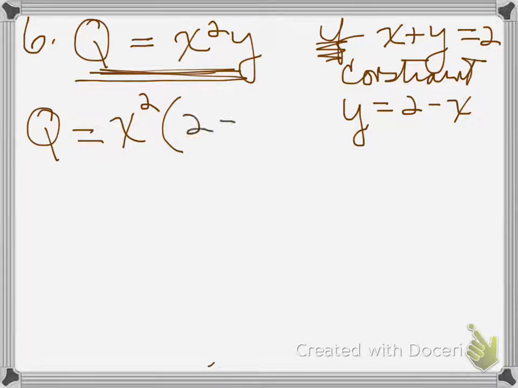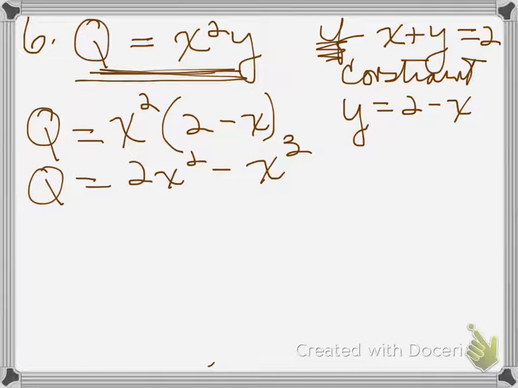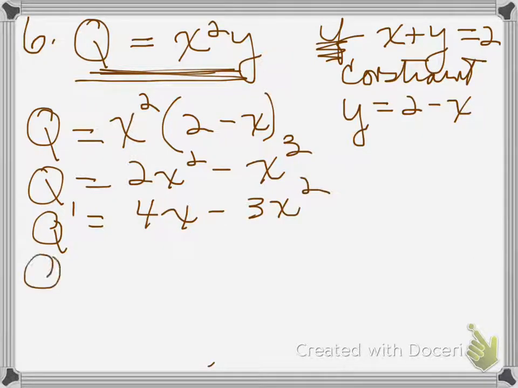Now I'm going to replace the y, and I get q equals 2x squared minus x cubed. Go ahead and take the first derivative. That gives me 4x minus 3x squared. Taking the second derivative for my test, 4 minus 6x.